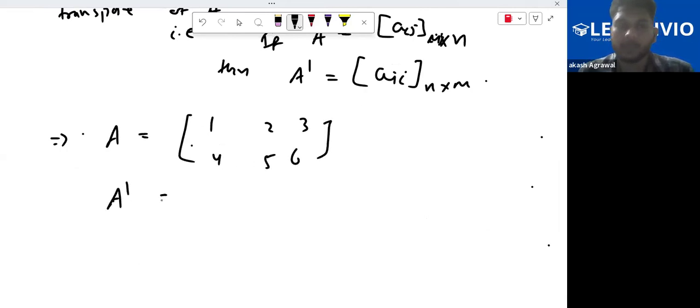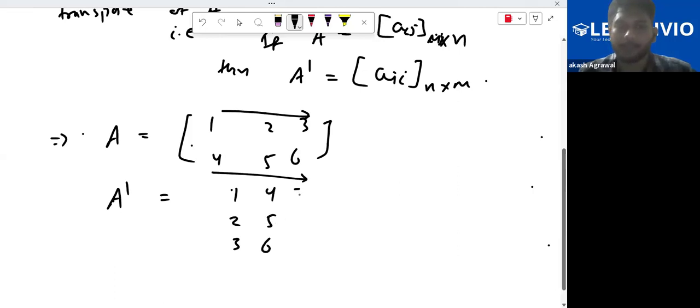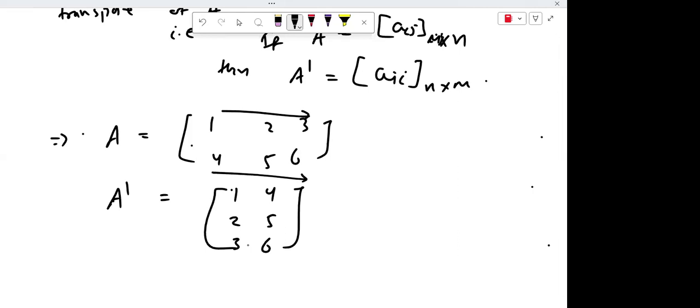So A transpose will be: just write this row as a column, 1, 2, 3, and then the second row becomes the second column. Okay. Very easy. Yes or no? Yes, sir.